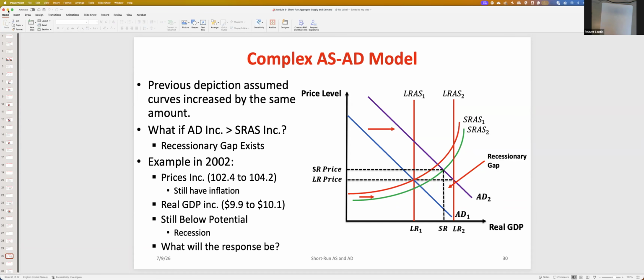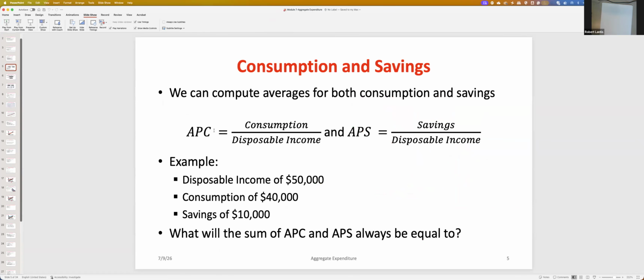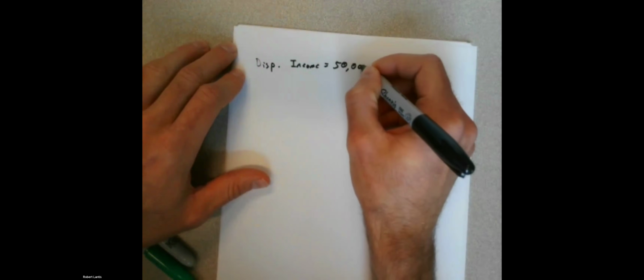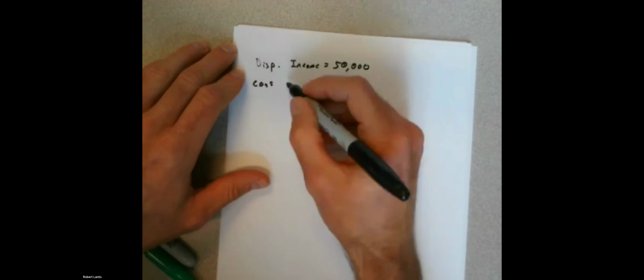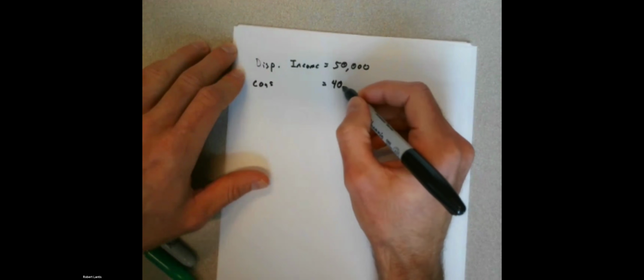So we'll go back to module 7. So how do we calculate these averages? This shouldn't be too bad, right? If I give you a level of disposable income, and in this example it was 50,000, of that I'm consuming products and spending 40,000.